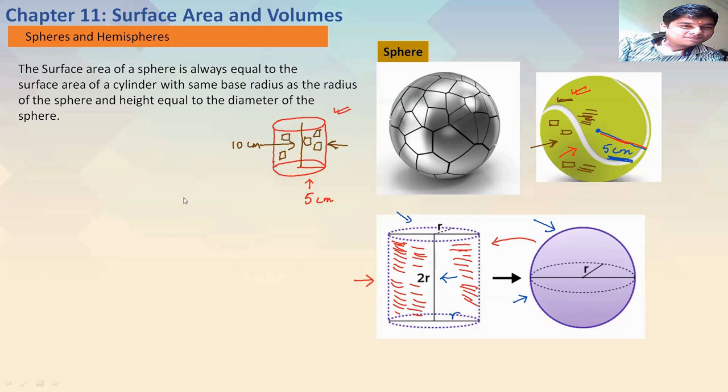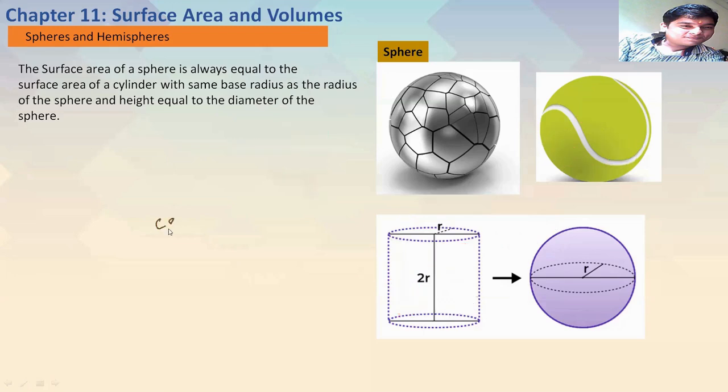So what do we mean by this explanation? We mean that the CSA of this cylinder, what is CSA? How do you find out CSA of a cylinder? Sir, pi r square h. Oh, Raghav, you're not keeping things in mind. It is 2 pi r h.